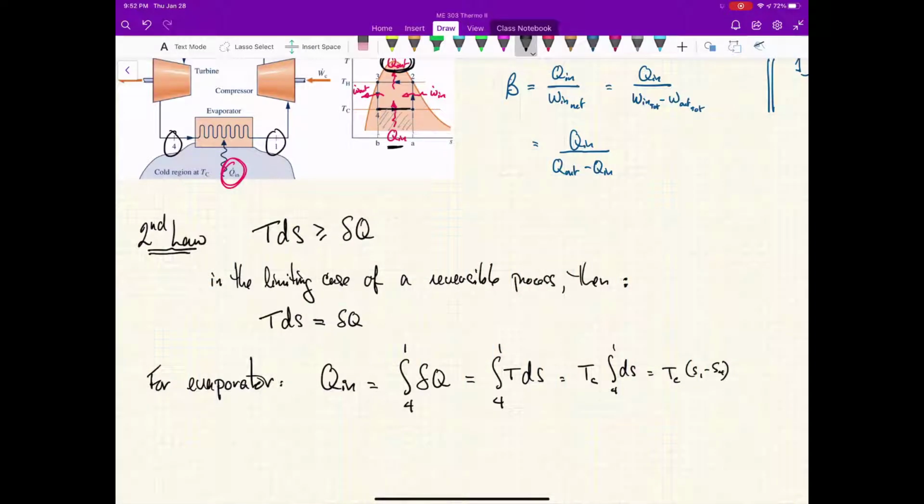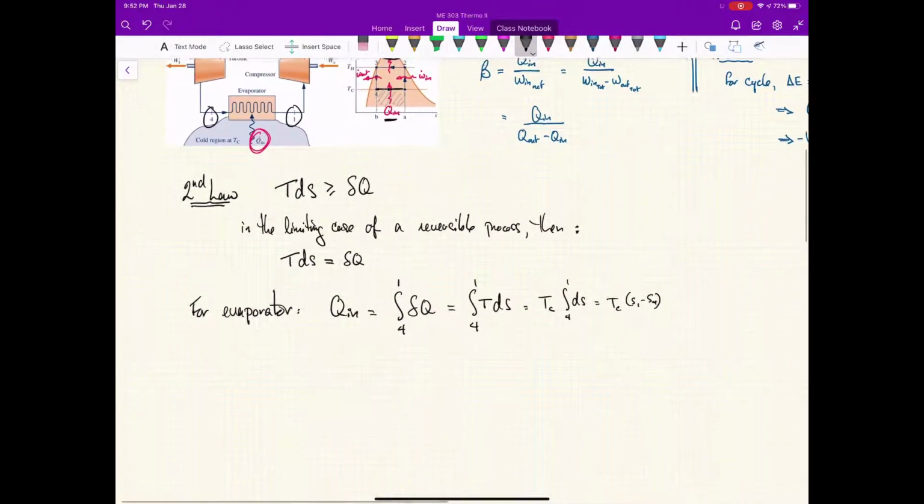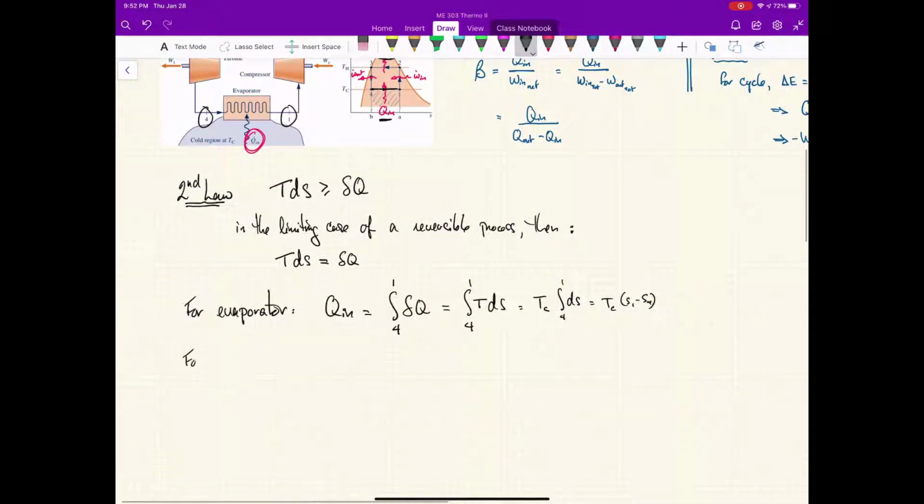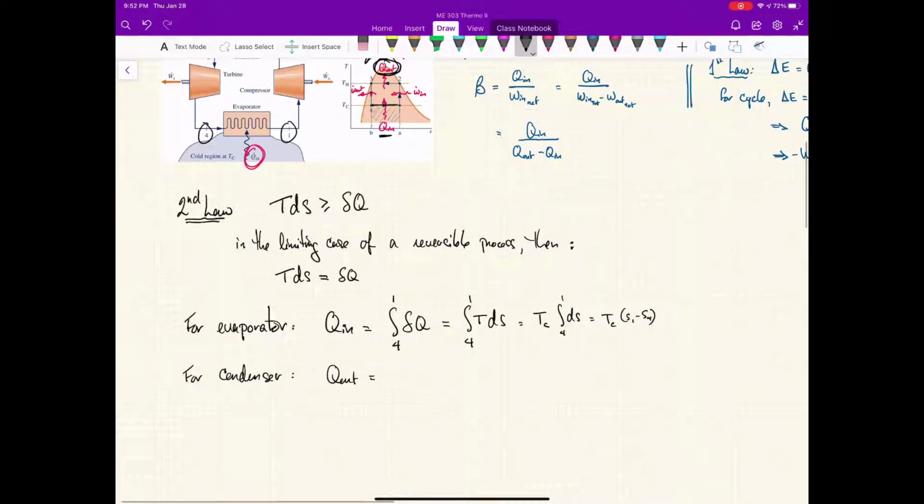So let's repeat it for the condenser for Q out, and I bet you that you can get the result. Q out is going to be the integral now from 2 to 3 of dq.